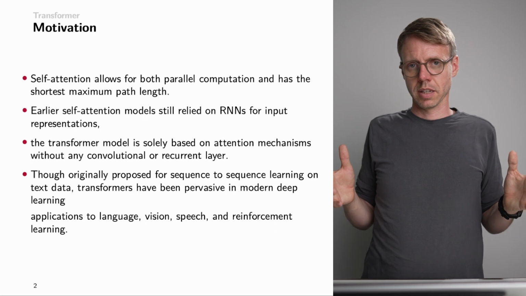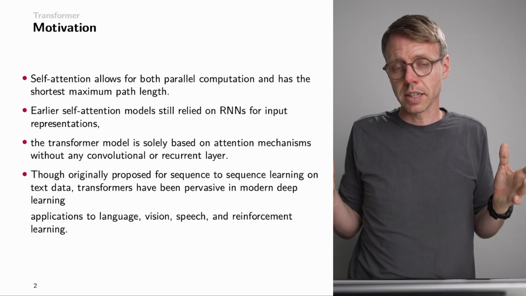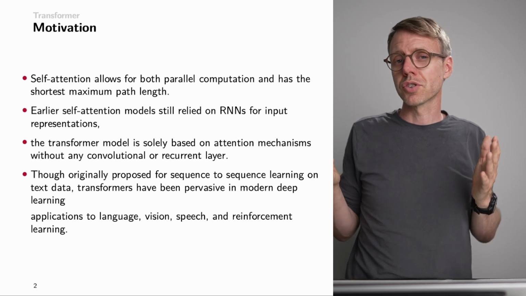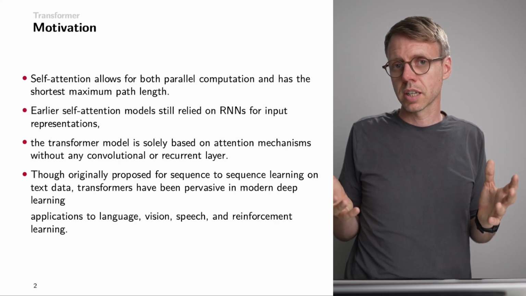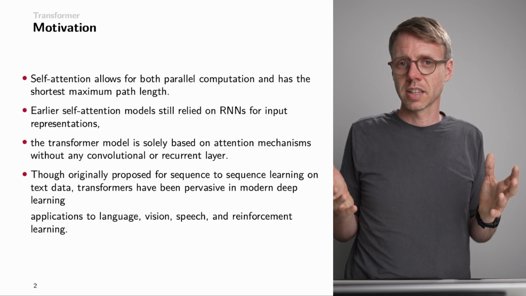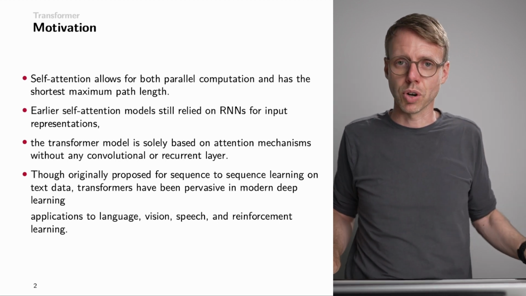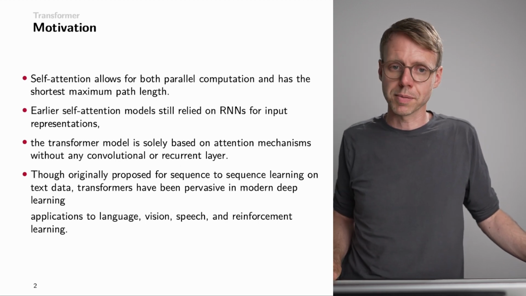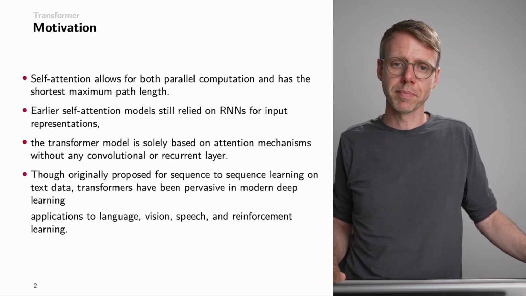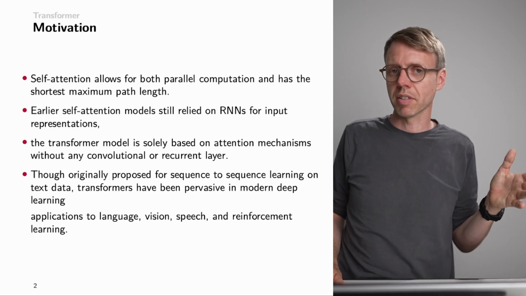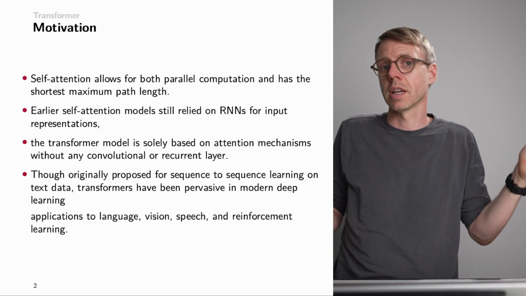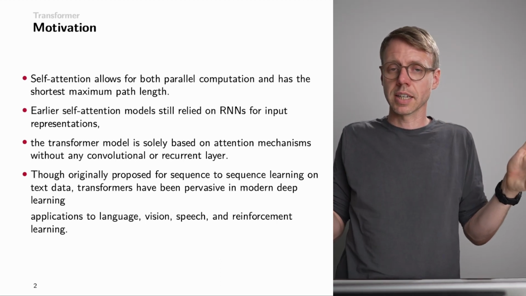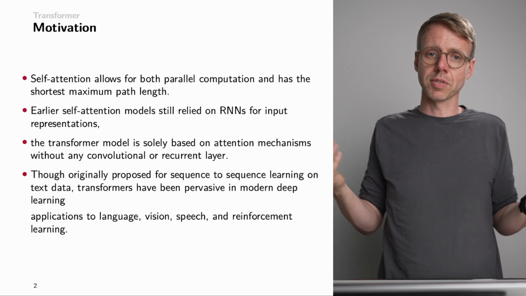That means you can build very large neural network architectures and just increase the number of processors to perform more computations in parallel in order to train them. It also has the shortest path length: each element in a sequence, in just one step of self-attention, can attend to all the other elements of the sequence.